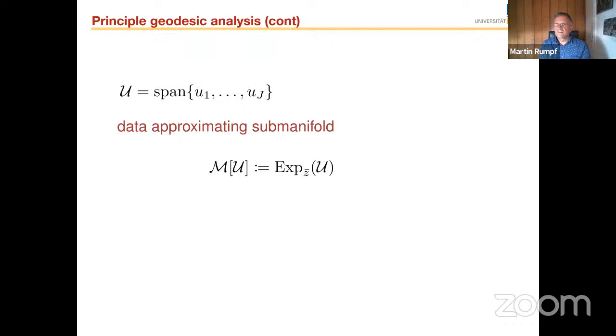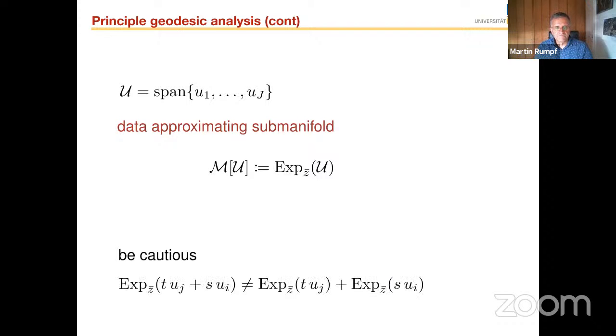And this gives us J modes, U1 to UJ. And if we plug linear combinations of these modes into the exponential map, then we define a submanifold, a data representing submanifold of the very large shape manifold M. This is defined by the exponential map at the Fréchet mean applied to linear combinations of these U vectors, which defines this M of U as the submanifold.